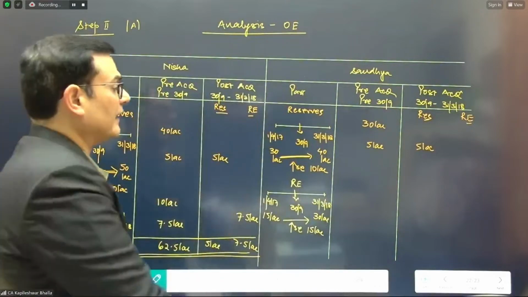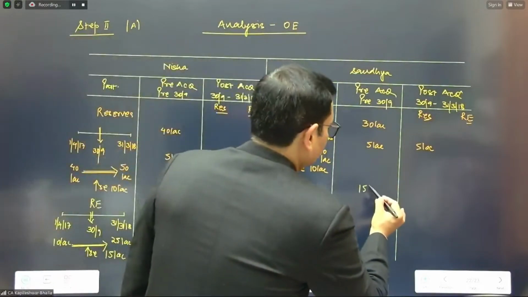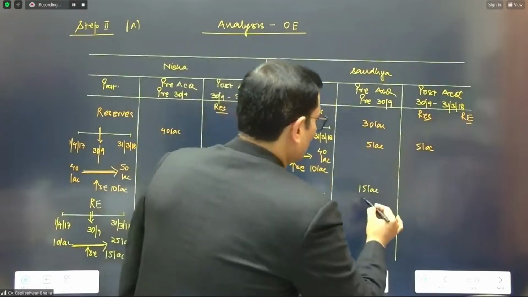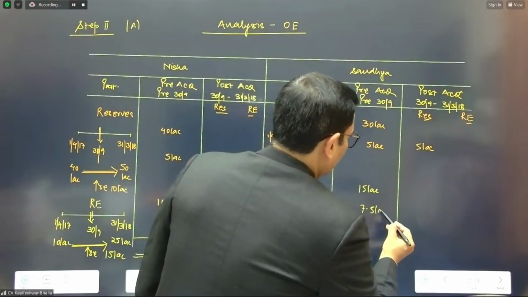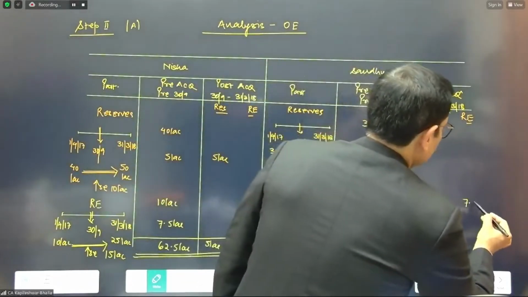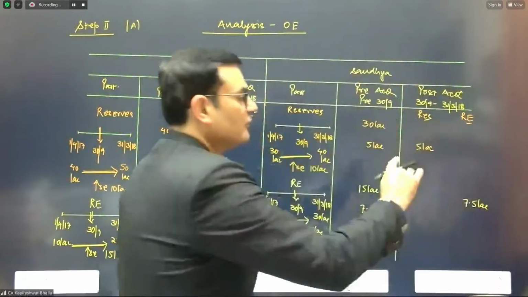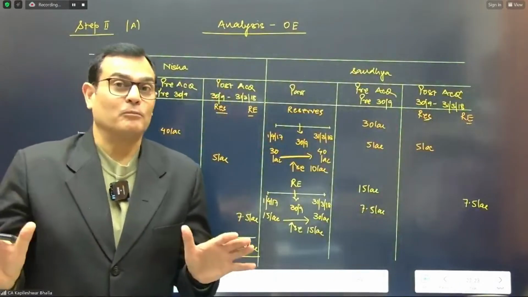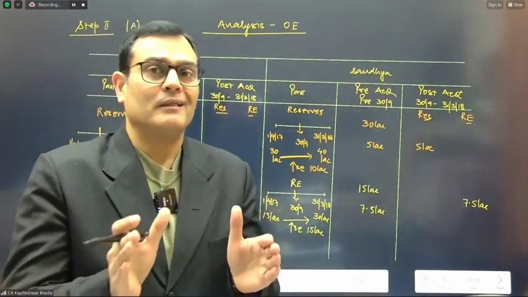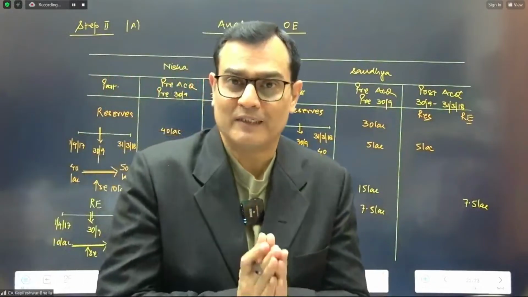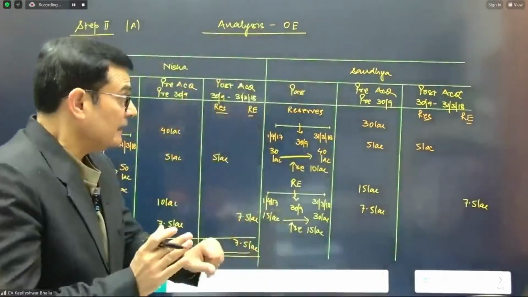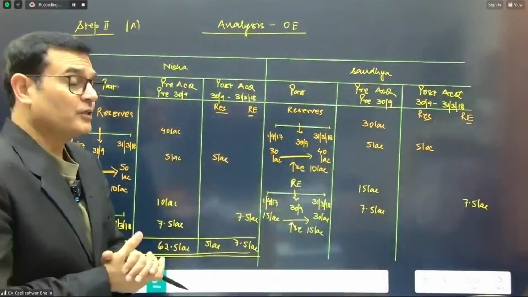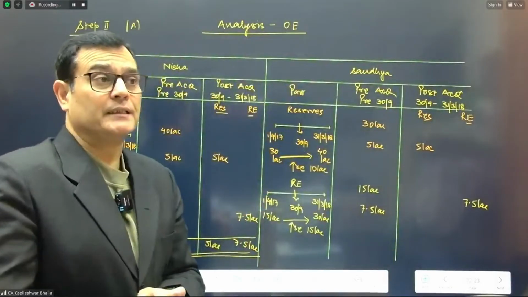The balance of 15 lakhs at the beginning is pre, and the increase goes in the time ratio, 7.5, and this goes in a separate column, that is 7.5. I don't think I have done any complication so far. It's a simple, easy process in terms of analysis. So this takes care of the balance sheet figures of reserves and retained earnings.